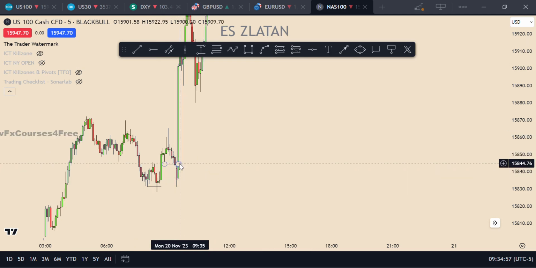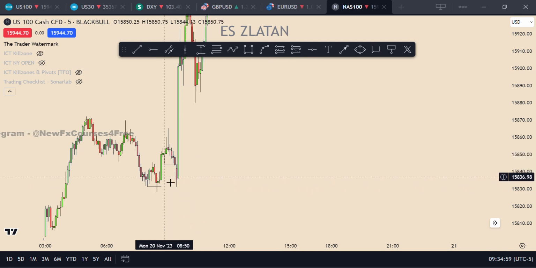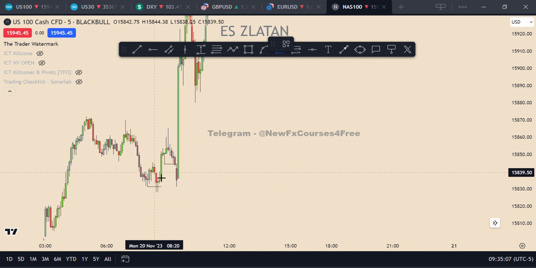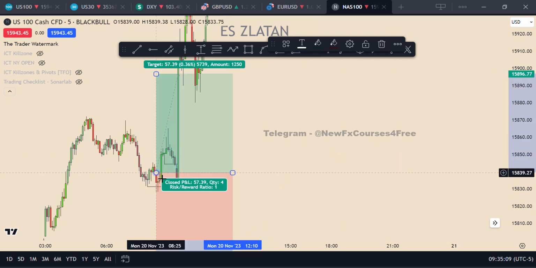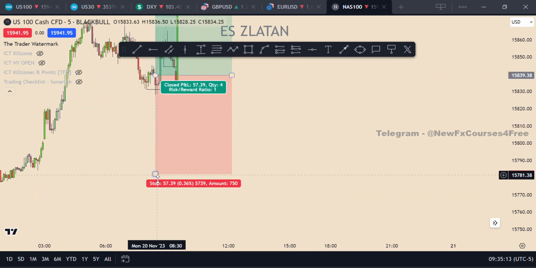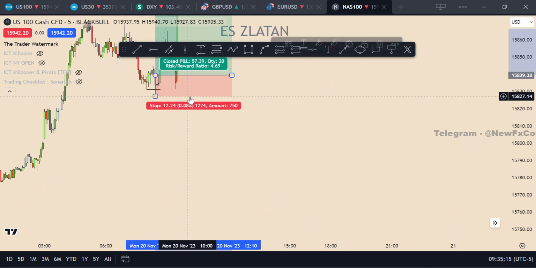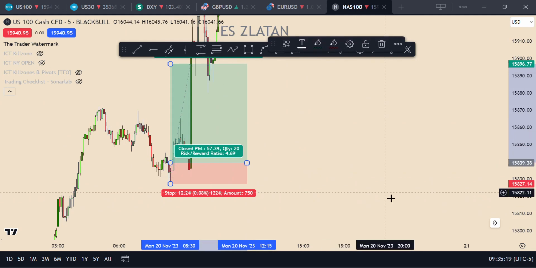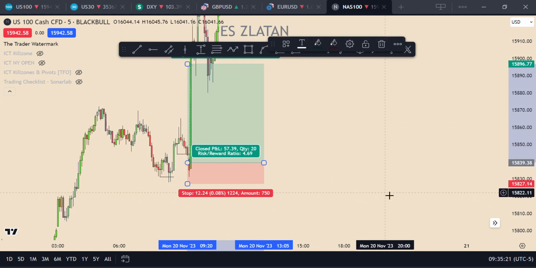Look at that inducement right there, and we took it out, and this was the order block, right? And we might have taken a long position there. This one is obviously for a sharp eye. Not everyone will see this and trust it, but yeah, that's the setup. And you want to trust that low, that order block to hold. You want to trust it, and that's boom.